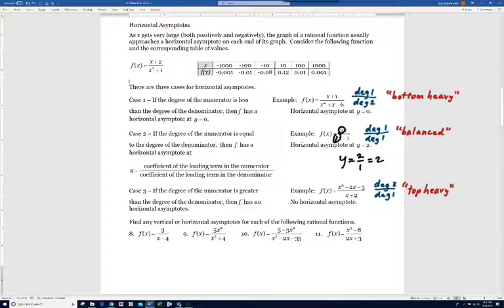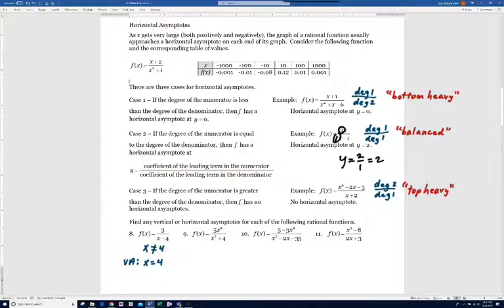All right, so let's go ahead and practice on numbers 8 through 11, where we're going to be finding vertical and horizontal asymptotes. On number 8, first of all, you can see that x can't be 4, so that's our restricted value, so we know we're going to have a vertical asymptote at x equals 4.